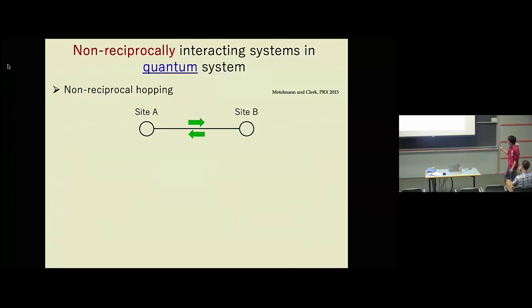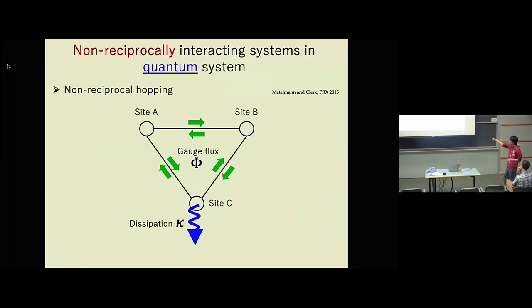However, to make this non-reciprocal, what they showed was to consider a third site C, that you don't really care about, and put dissipation into the system. And on top of that, they turn on the gauge flux on this plaquette, which explicitly breaks the time reversal symmetry.